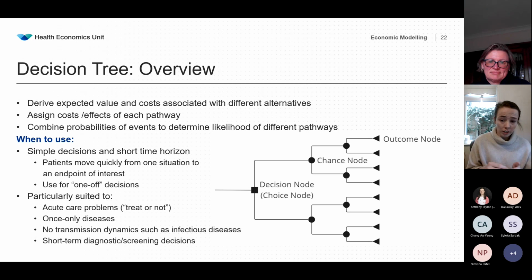It's not generally useful to create decision trees with hundreds of branches, or to use for long time periods. So for example, if you're doing something over the course of someone's life, a decision tree is very unlikely to be helpful because that's too complex of a problem to model with this method.